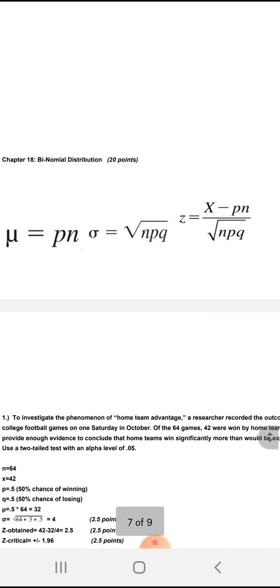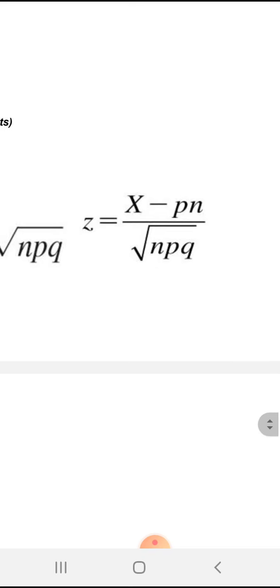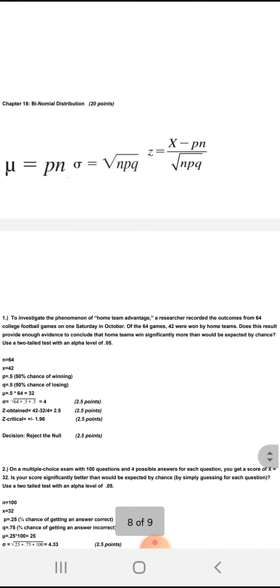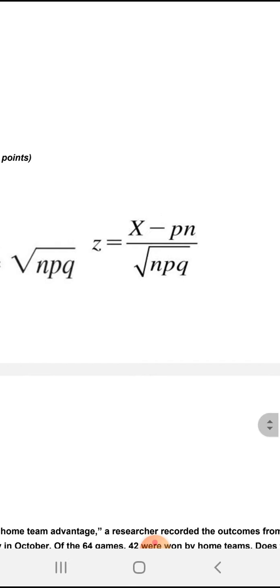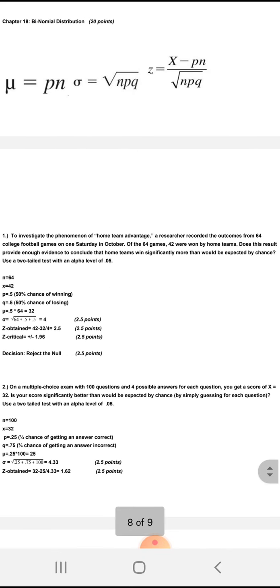If pn equals mu, it's really just x minus mu once you solve it. And if the square root of npq equals standard deviation, it's just the standard deviation. So the formula eventually just comes out to z equals x minus mu over standard deviation, the same way that we did z-scores on test 1.